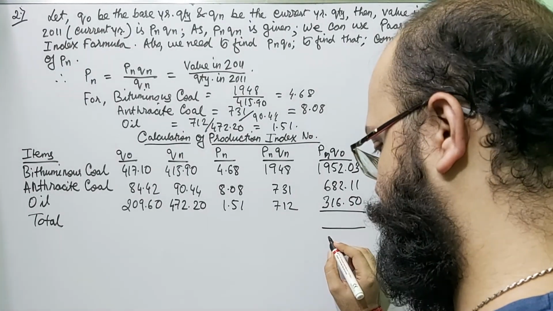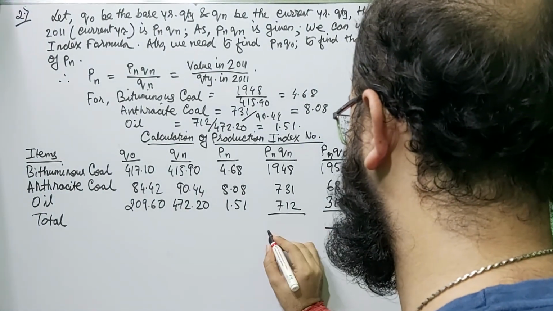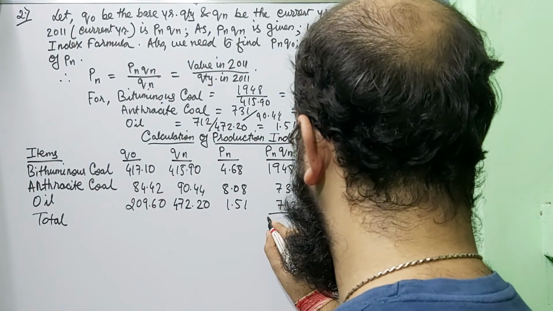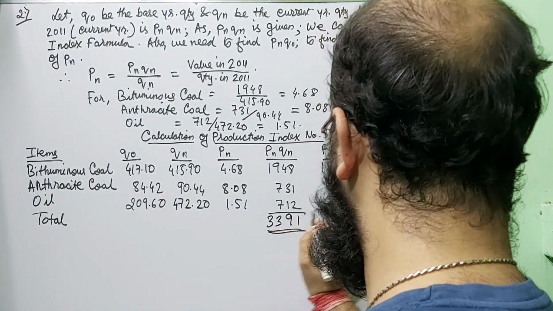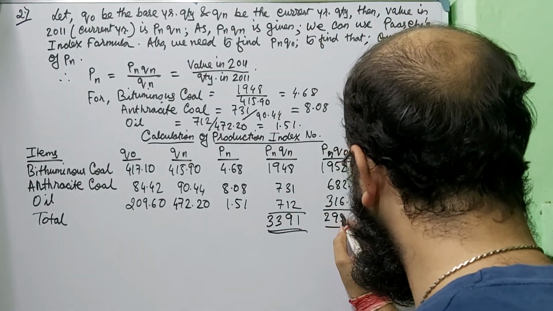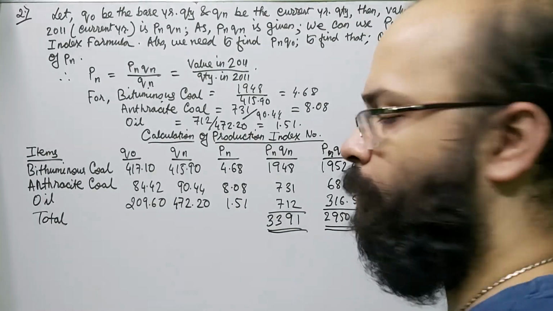So if we add up this as well as this, this is 3391 and this is 2950.64. Right?